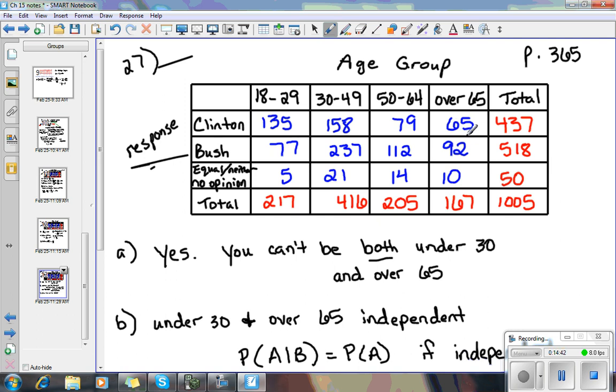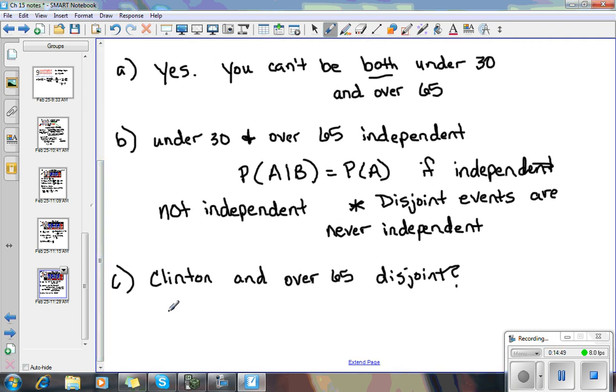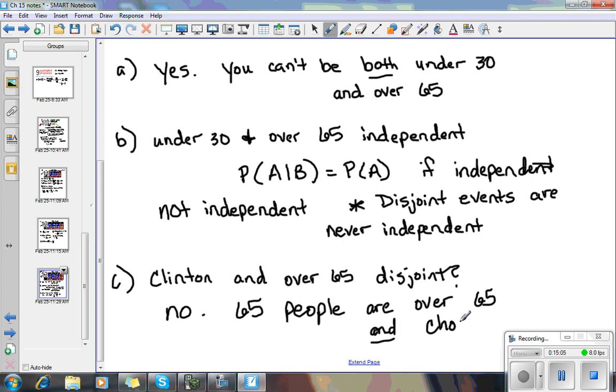So we have an overlap of people who are both over 65 and they chose Clinton. So we would say no, and we could say 65 people are over 65 and chose Clinton.